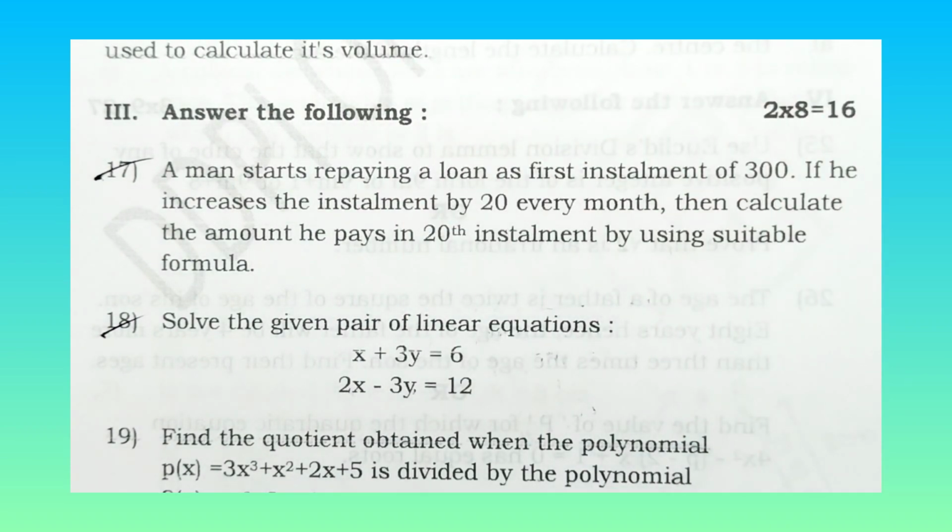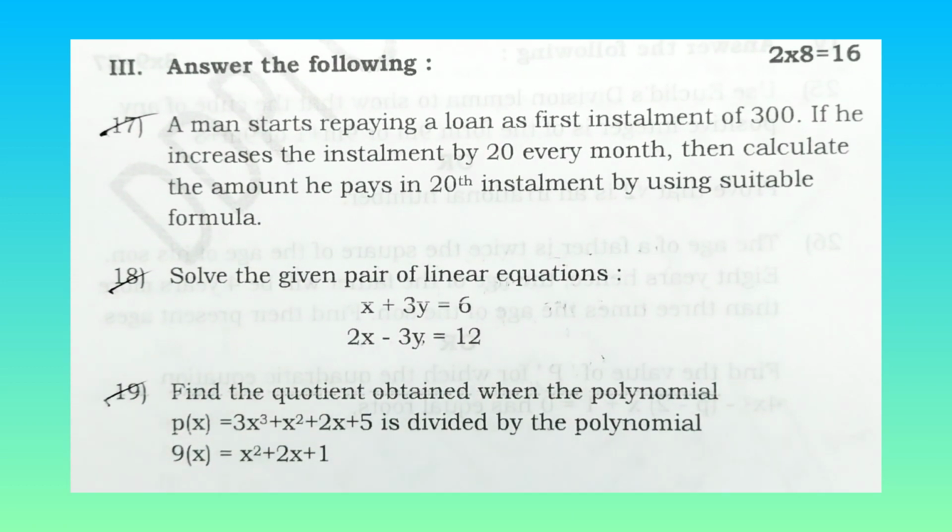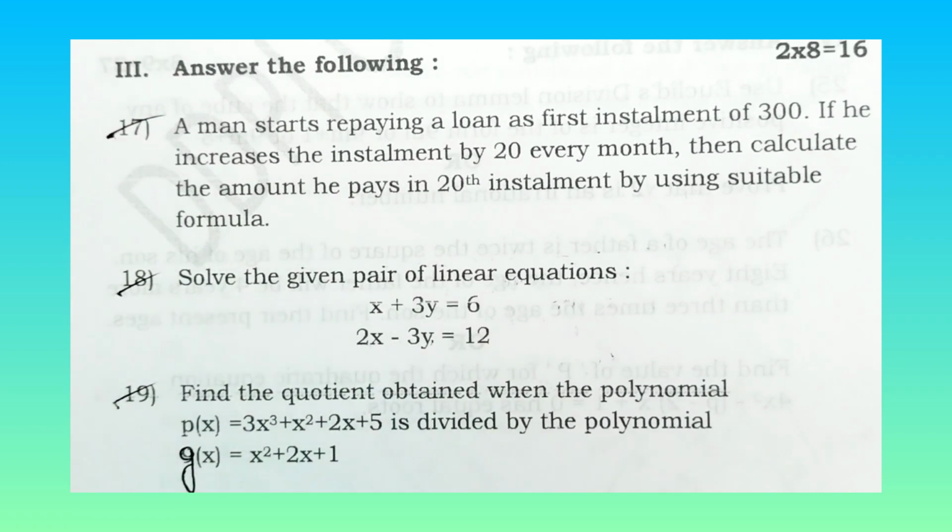Now let us move to the 19th question. The 19th question is: find the quotient obtained when the polynomial p of x is equal to 3x cube plus x square plus 2x plus 5 is divided by the polynomial g of x, which is equal to x square plus 2x plus 1.